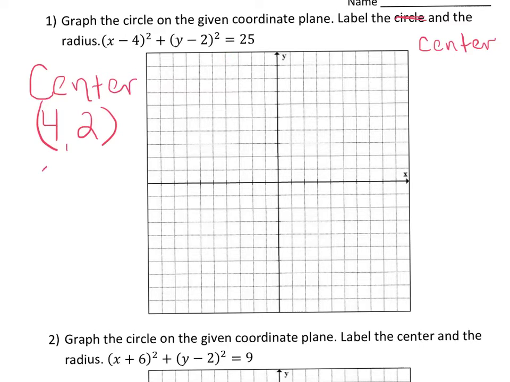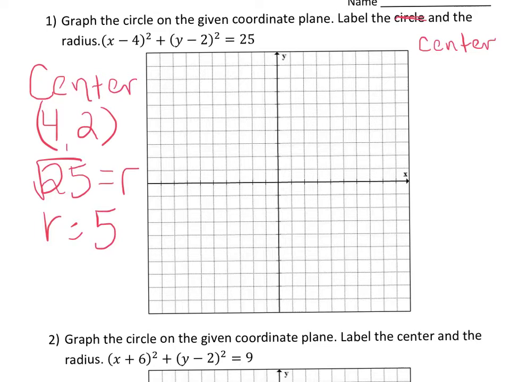The radius is the square root of the number, the other side of the equals. We have an expression that's equal to 25 here, and so the radius is equal to 5.